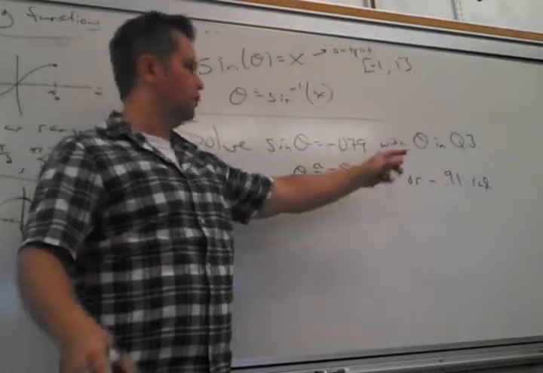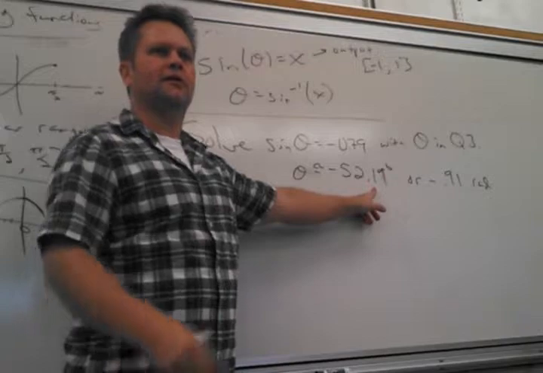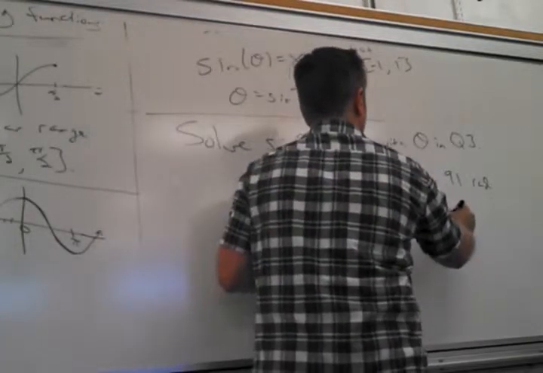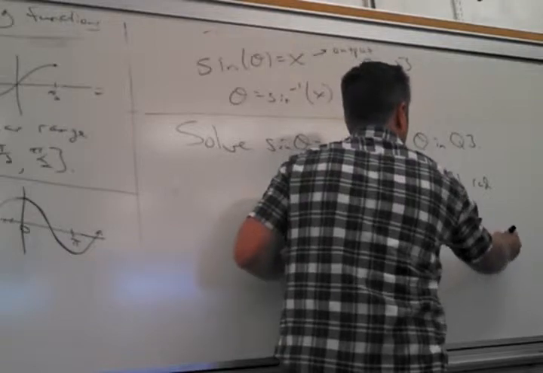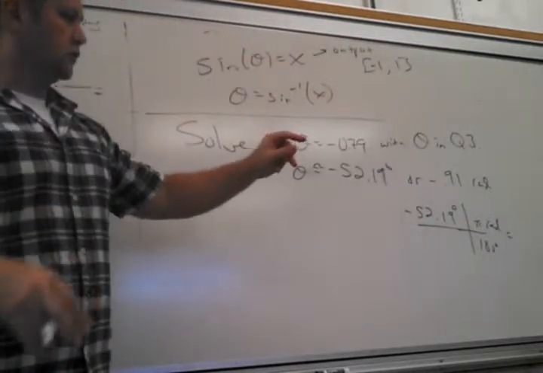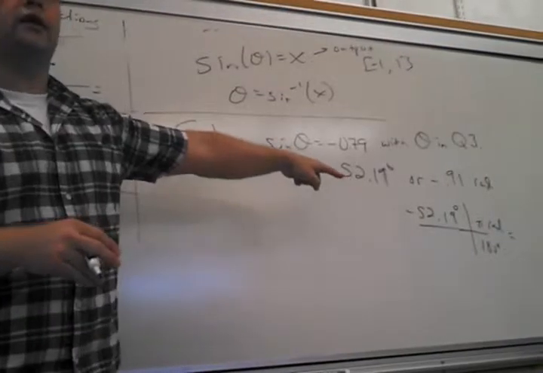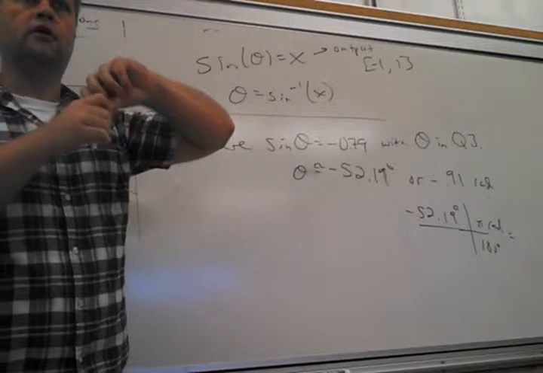How do you convert this to radians? Right now it's degrees, so you want the degrees on the bottom and the radians on top. Go ahead and make that into a decimal. So do -52.19 divided by 180 times pi, and let's see if it comes out to be -0.91.